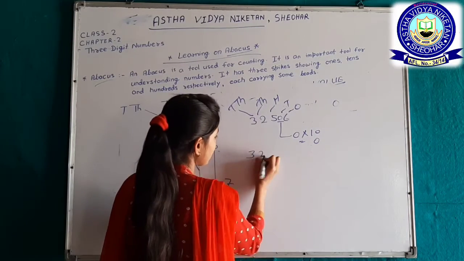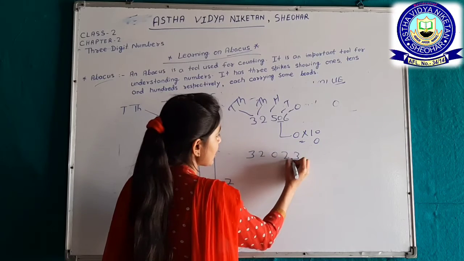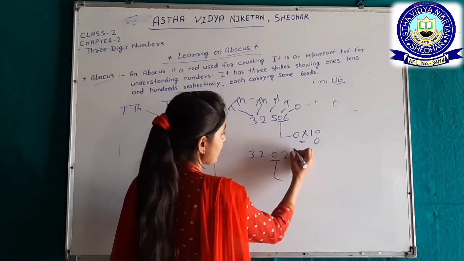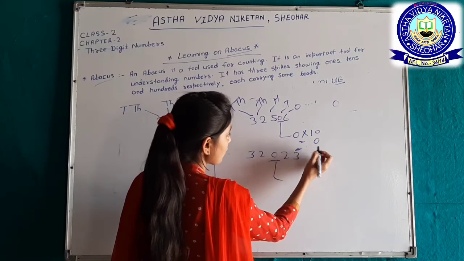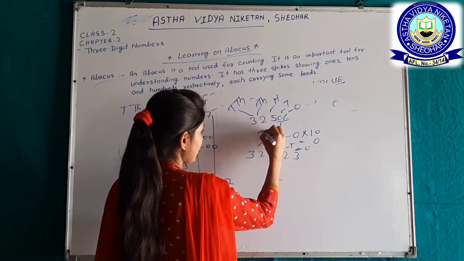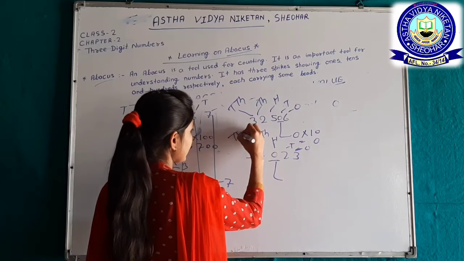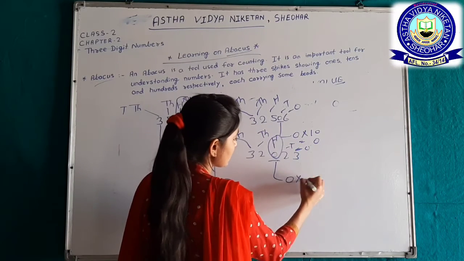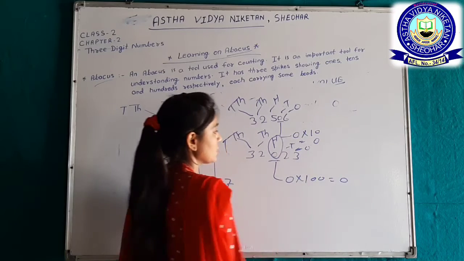There is 3, 2, 0. If you have to find out the place value of this 0, first of all you have to write the position of all digits: ones, tens, 100, 1000 and 10,000. The position of 0 is 100, and 0 into 100 is 0.